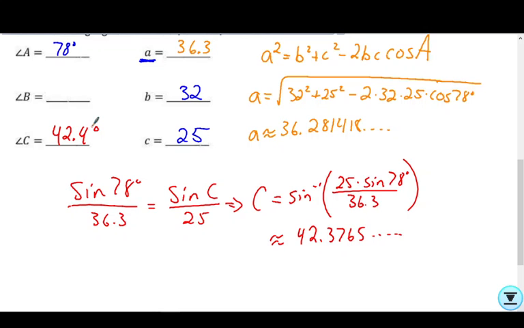And now that I have my two angles, subtract them from 180, and I get B, which is 59.6 degrees.